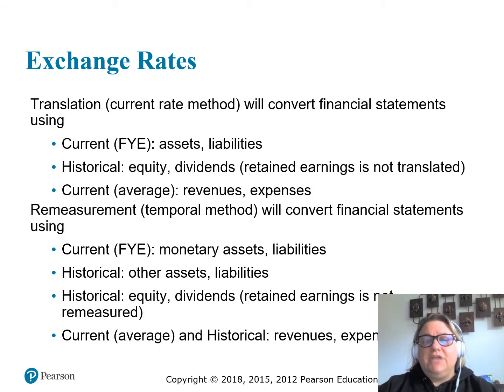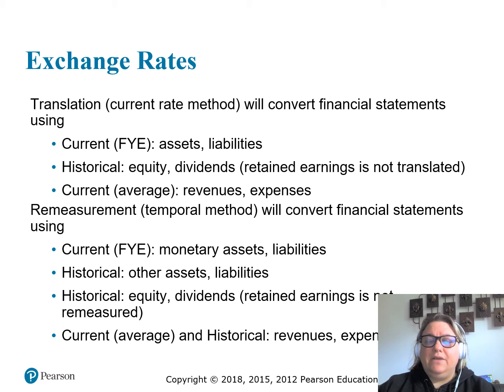Okay, so exchange rates. The current rate method will convert financial statements using current for year-end assets and liabilities. Historical equity, dividends, retained earnings are not translated, and then current average for revenues and expenses. All right.